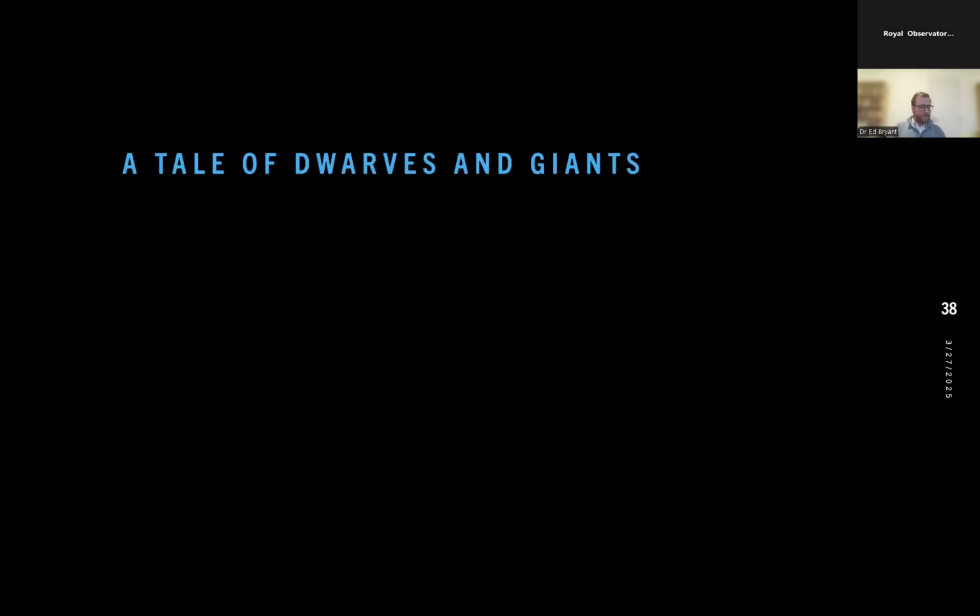So that brings me now towards the end of my tale of dwarves and giants. So just to go through what we've done so far. We can find exoplanets, planets around stars other than the sun, by observing the impact that these have on their host star, by looking for these transit events or looking for the change in the color of these stars due to the orbit of the planet.